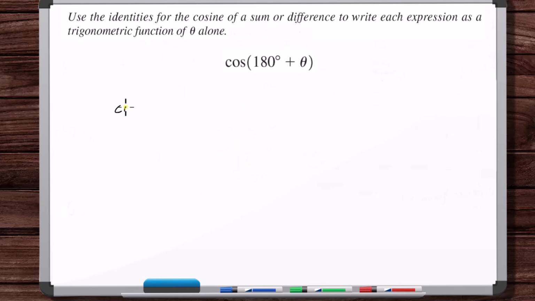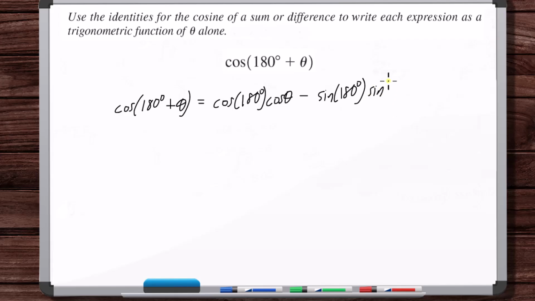Now cosine of 180 degrees plus theta is cosine of 180, cosine theta, minus sine of 180, sine theta. Cosine of 180 is -1, sine of 180 is 0, so this is minus cosine theta.